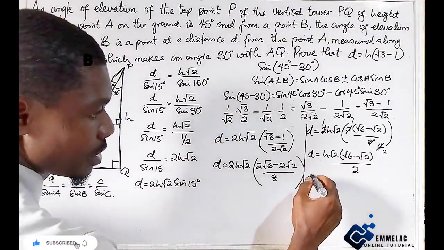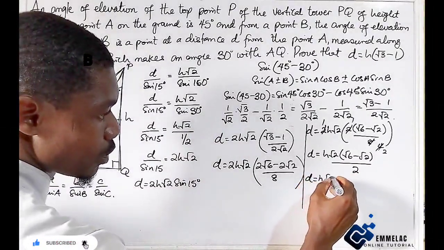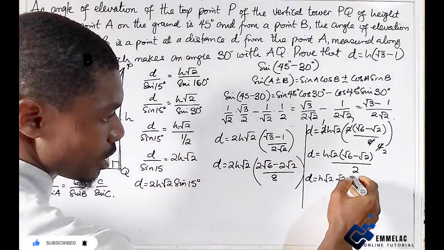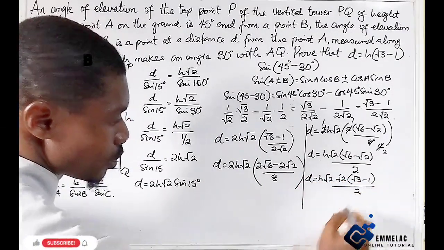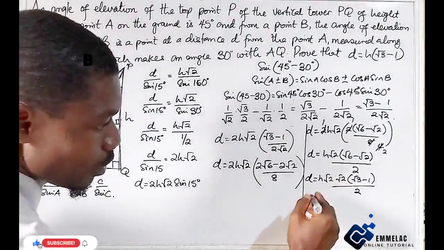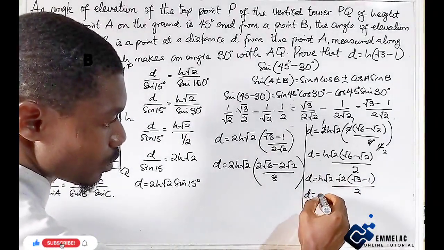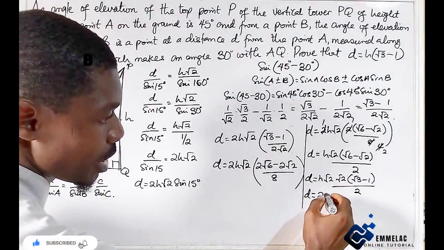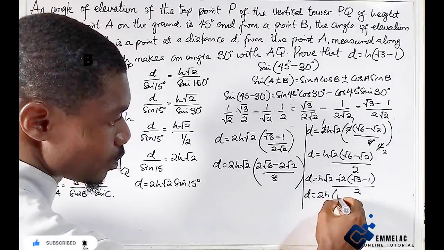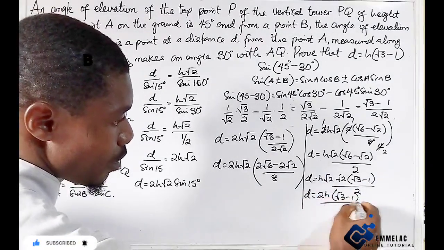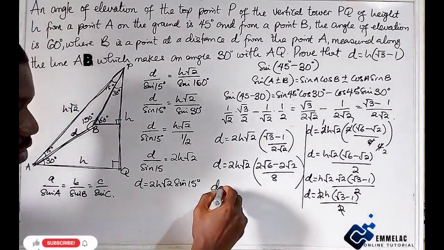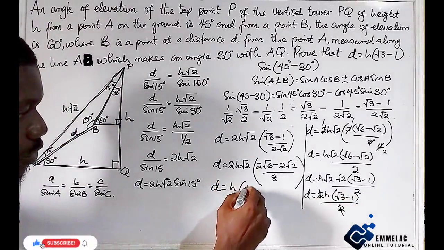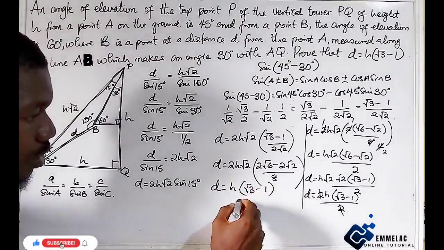So D equals H root 2 times root 2 into root 3 minus 1 all over 2. Root 2 times root 2 gives 2. So D equals 2H into root 3 minus 1 all over 2. The 2 cancels the 2. So at the end of the day, D equals H into root 3 minus 1.